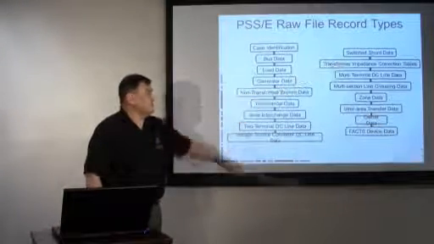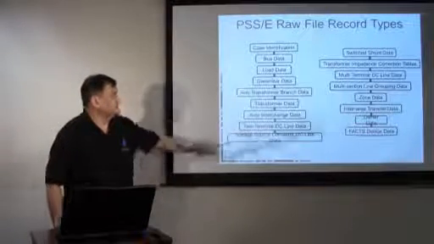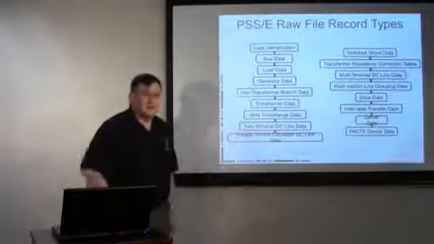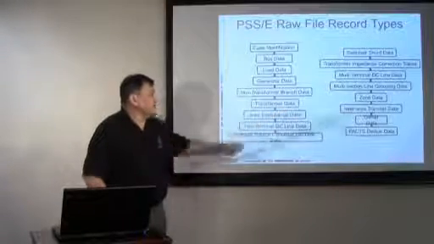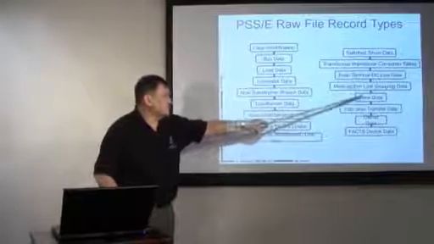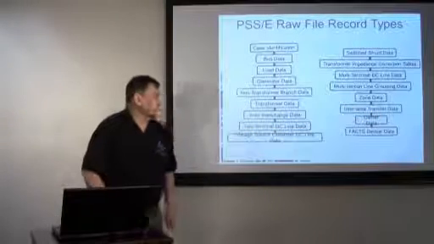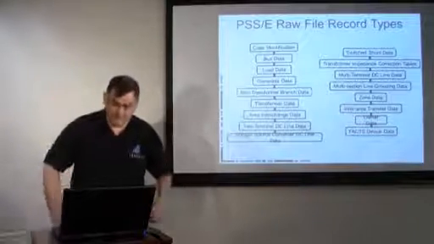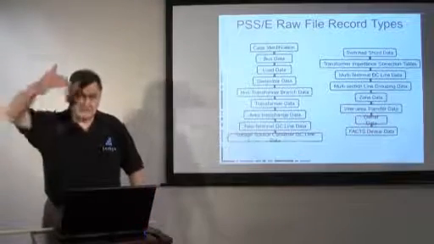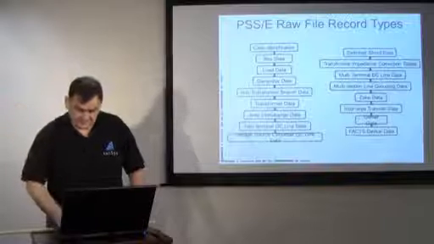There's some transformer impedance correction tables. The impedance may vary with loading. That's an optional refinement. You can have multiple terminal DC lines with more than two. You can group lines into sections. You have zones, transfers between areas, the owner, and the FACTS devices, which are flexible AC transmission system devices. So it's a very logical sequence, and basically there's a block of text for each one of those.